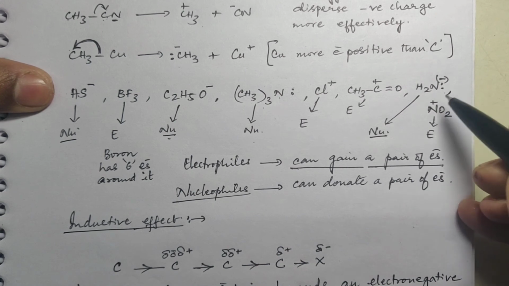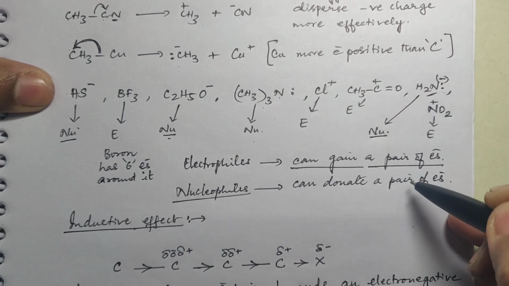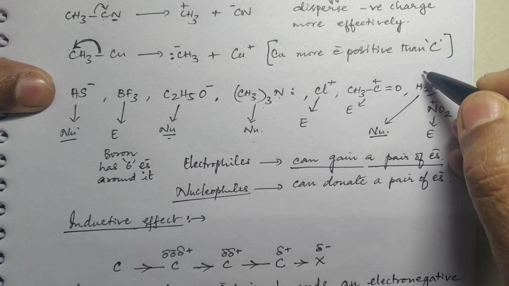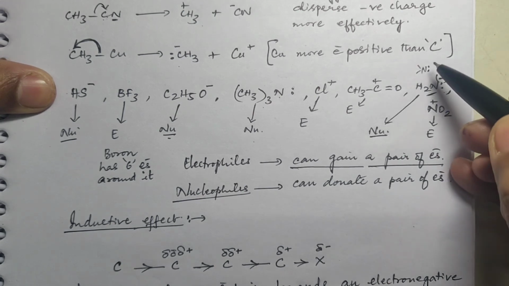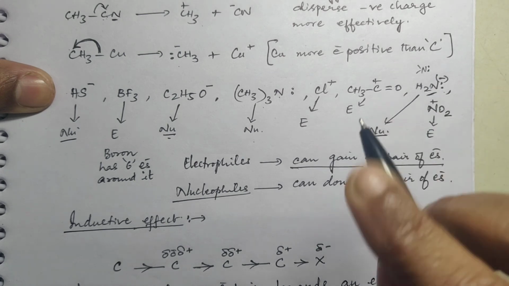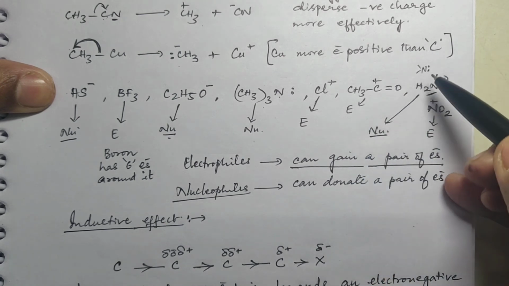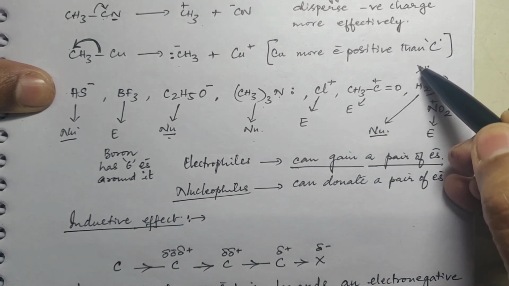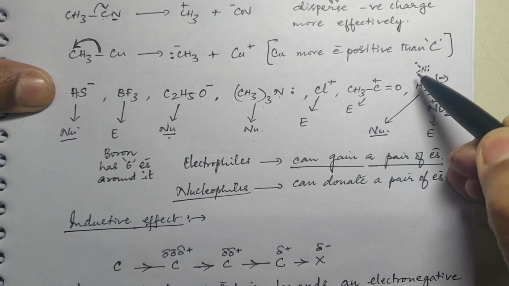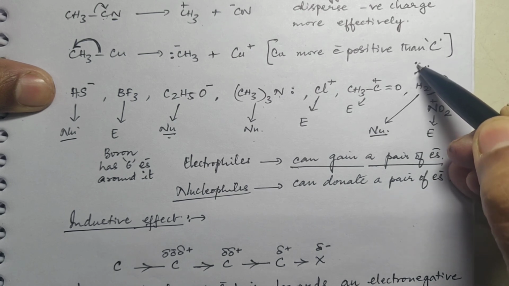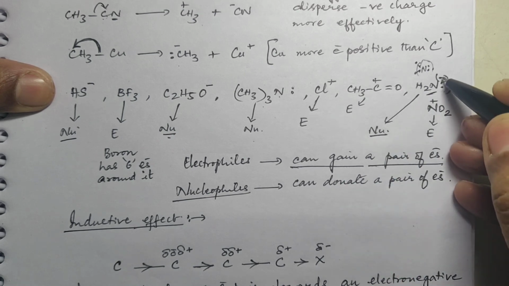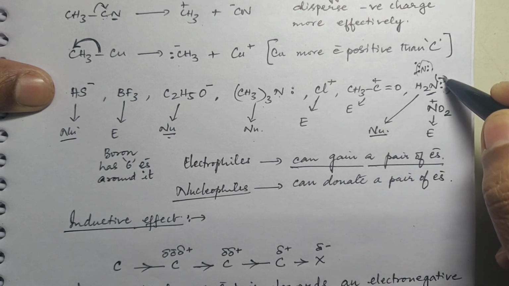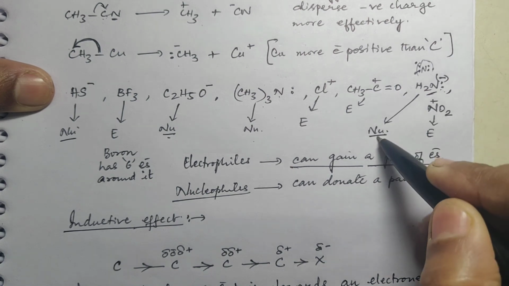Why is there a negative charge here? Just see. Nitrogen has 2 hydrogen atoms and a lone pair, right? So actually nitrogen should have only 3 electrons around it, right? But it has 4: 1, 2 with what it is sharing. In its surrounding there are 4 electrons. So there is 1 extra electron around nitrogen. That is why a negative charge is there. Okay? So this is a nucleophile.